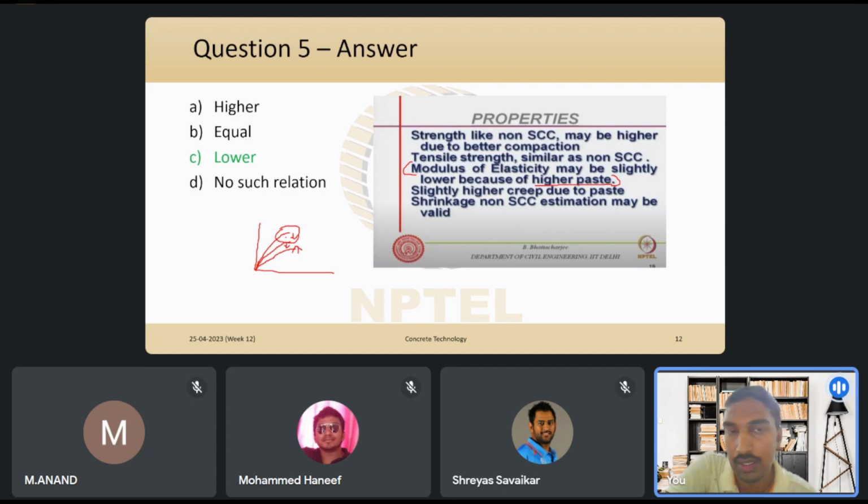All this is with respect to normal concrete. We are not talking about high strength concrete, in which case the paste strength will also be higher. Here we are talking about normal concrete, in which case aggregate will have the highest elasticity. Therefore, for your self-compacting concrete, the modulus of elasticity will be lower than the non-self-compacting concrete, right? So the right option is C.